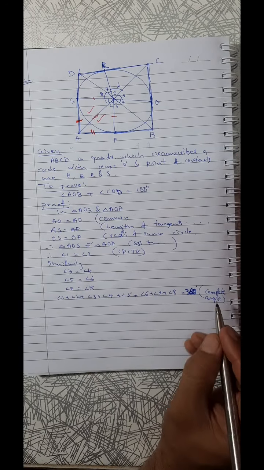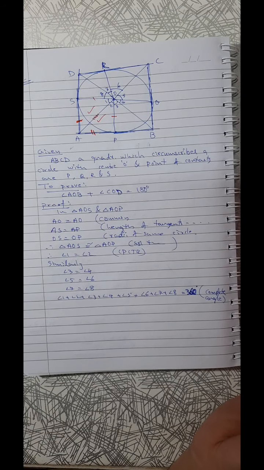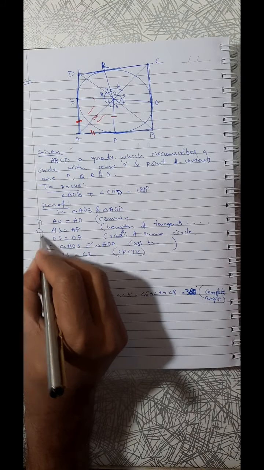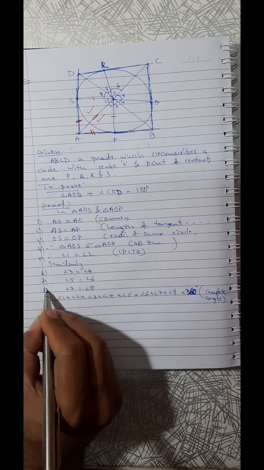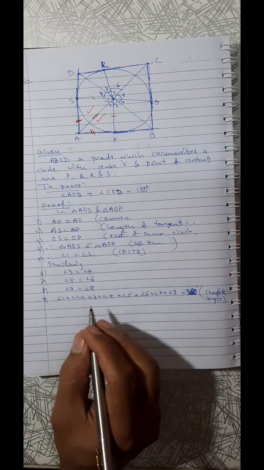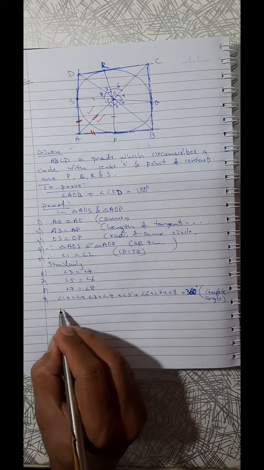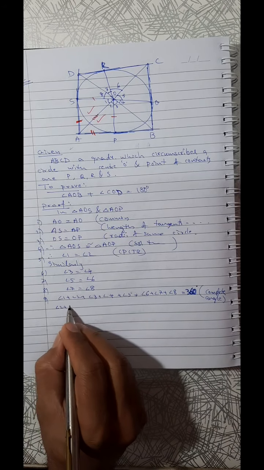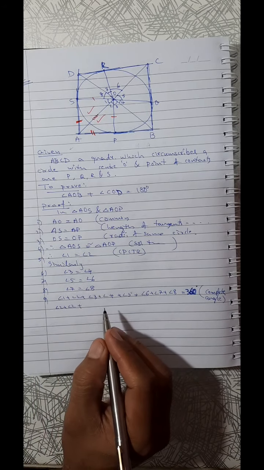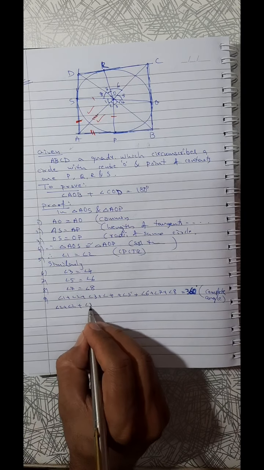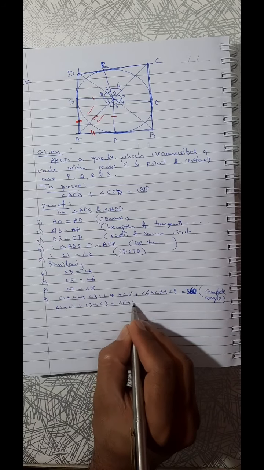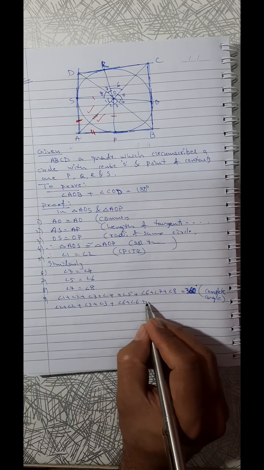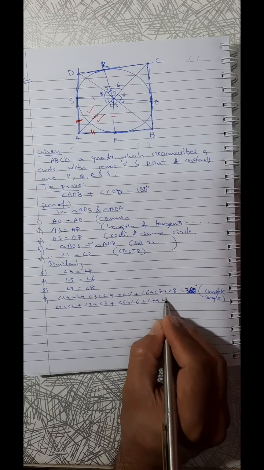Complete angle is best. Now what can we write? 1 and 2 are the same, so angle 2 plus angle 2, plus angle 3 plus angle 3, since 3 and 4 are the same, plus angle 6 plus angle 6, plus angle 7 plus angle 7 equals 360.